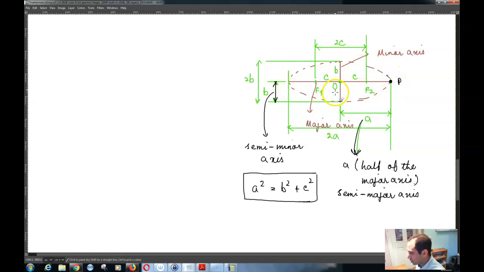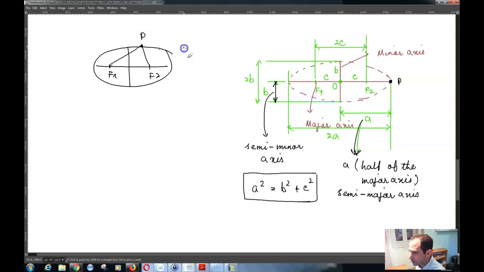We said that if you have some ellipse over here, and these major and minor axes, F1 and F2, and some point over here, then PF1 plus PF2 is going to remain constant, no matter where you pick this point P.